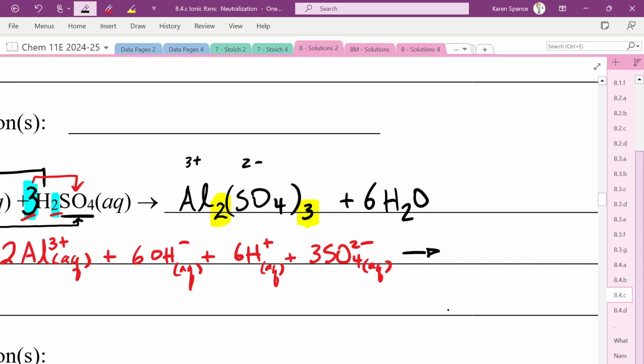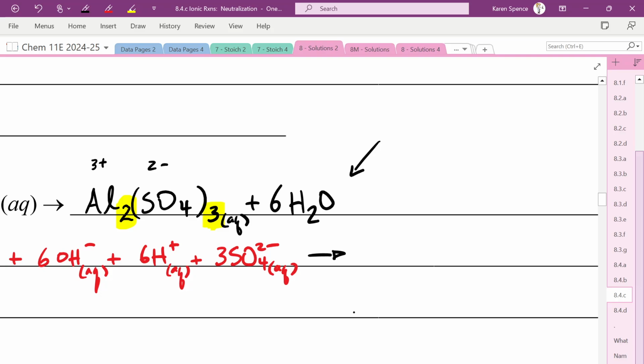Oh, what did I forget upstairs? I forgot what did I forget in my formula equation? States. Oh, is that a solid or is that aqueous? I would have to look that up, wouldn't I? SO4, it's aqueous? I thought so. Aqueous.